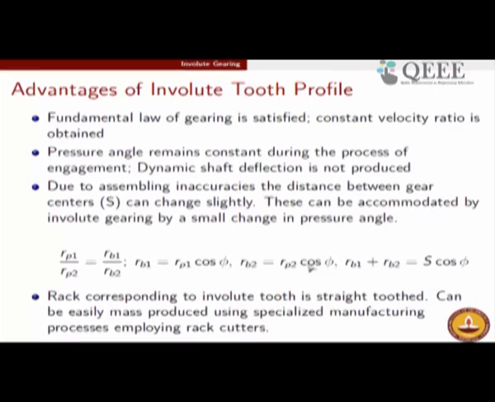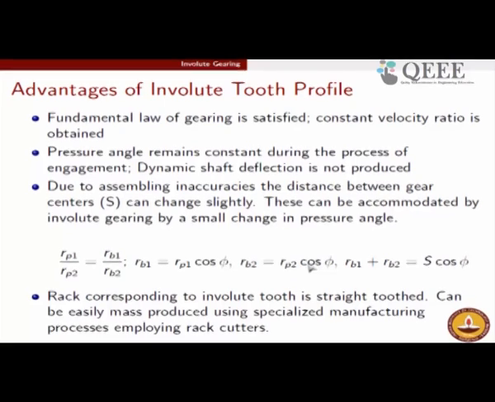There is an involute gear which is supposed to have angular motion. The corresponding rack will also have a certain tooth. It turns out that the tooth of the rack corresponding to an involute gear will be a straight tooth.